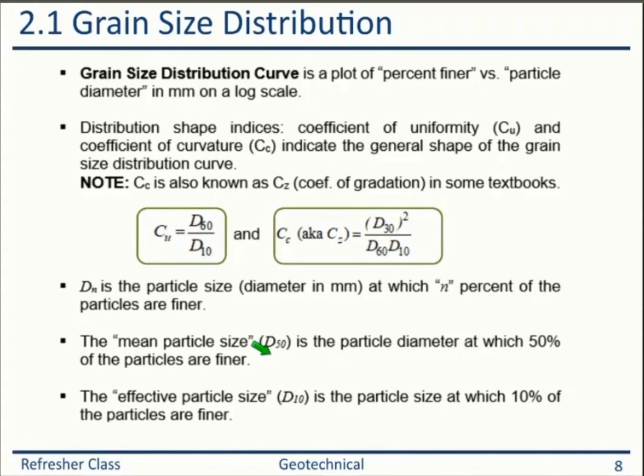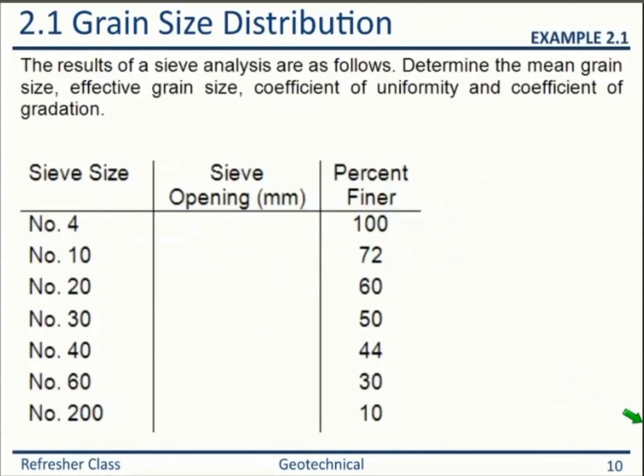So these D10, D50, D30, D60 are particle sizes, as we know. So let's do that example. In this case, what would be your mean grain size based upon example 2.1? Can you tell me what would be the mean grain size?